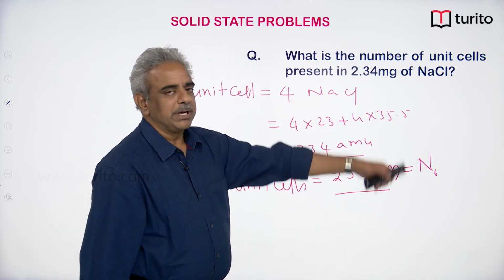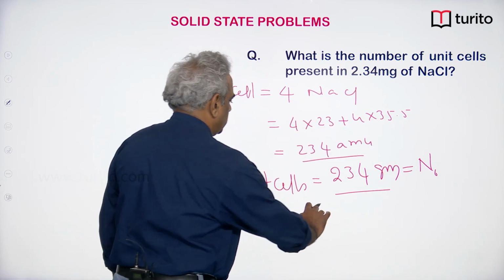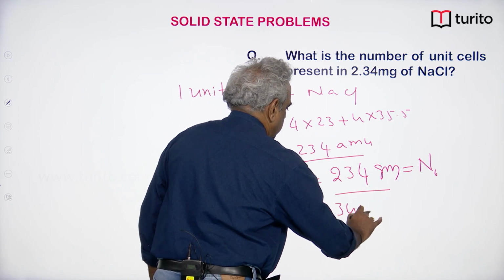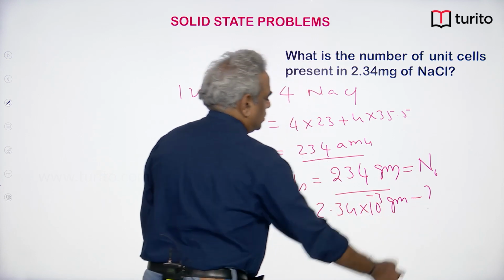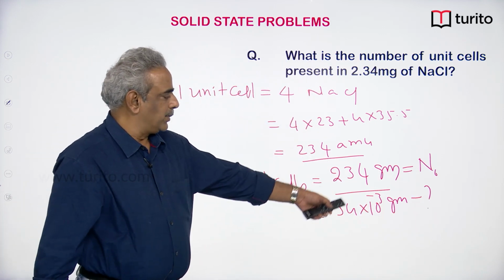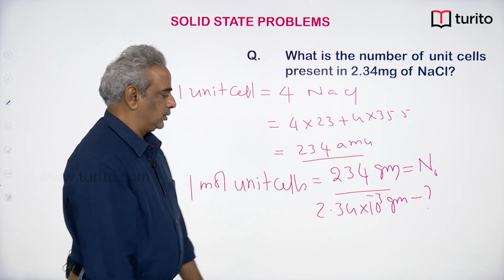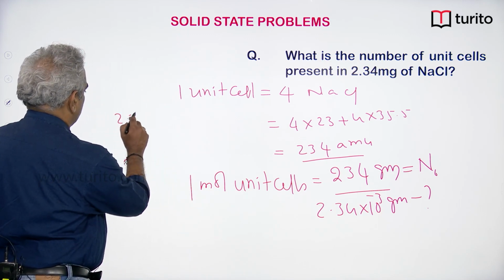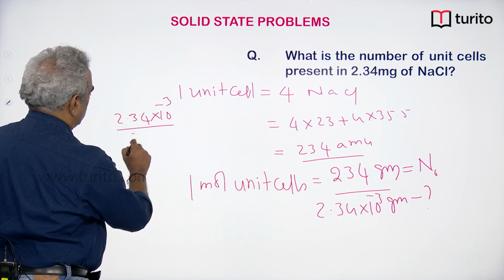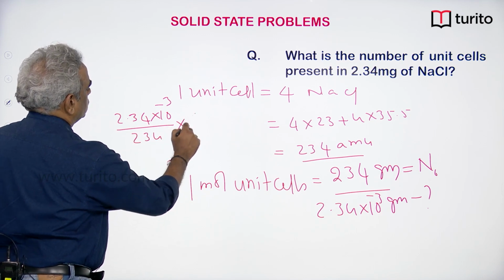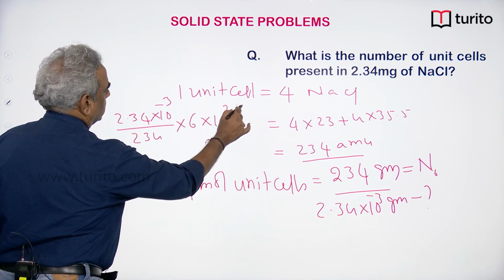How many grams did he give? 2.34 into 10 power minus 3 grams. So, this by this into Avogadro number. So, 2.34 into 10 power minus 3 by 234 into 6 into 10 power 23.